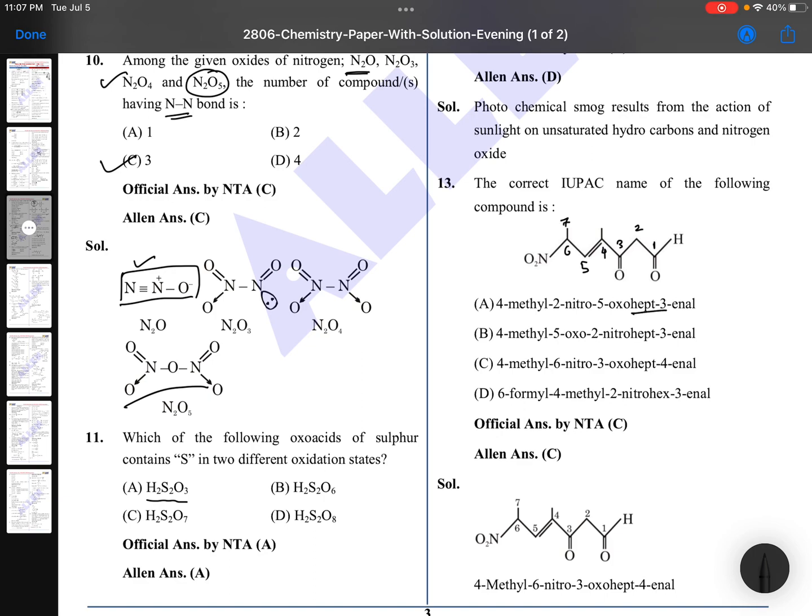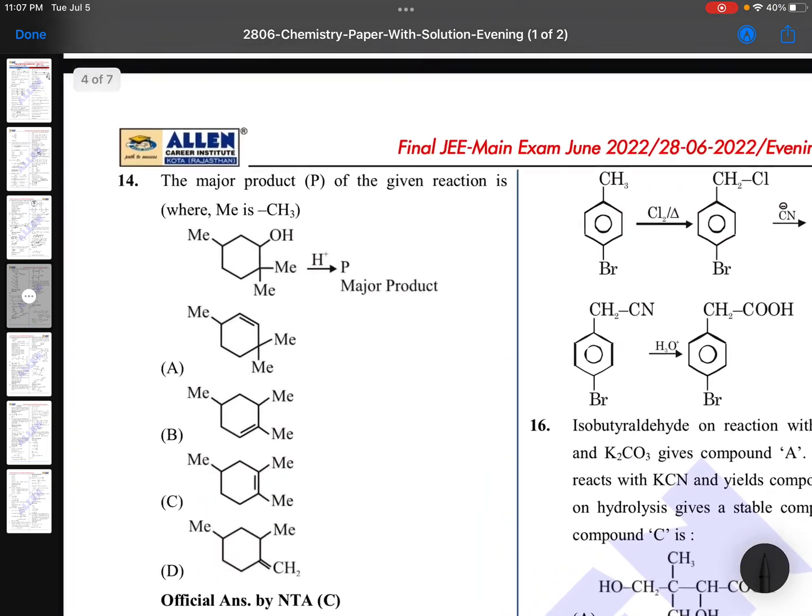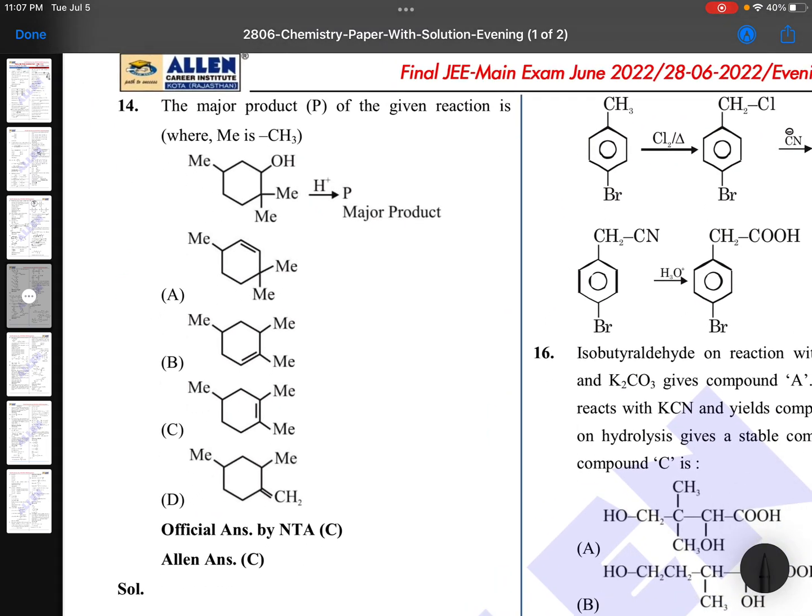There are several carbons. Hept, 6th carbon nitro, 6 carbon nitro over. Here 2 nitro is there, so this is wrong. And here 6 formyl is there, so this is also wrong. And here 2 nitro is wrong, so this is your answer. Very simple. This question we were doing, and this will be the product.